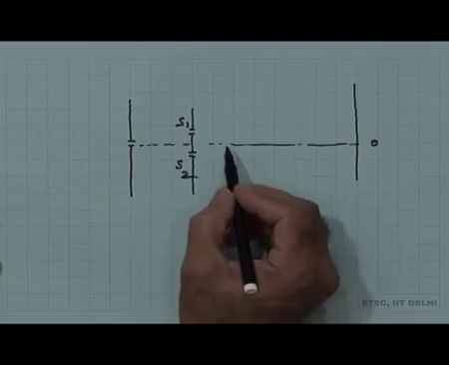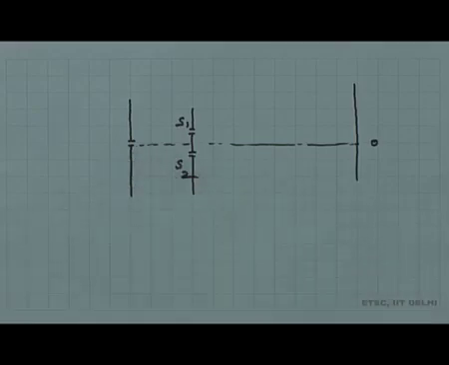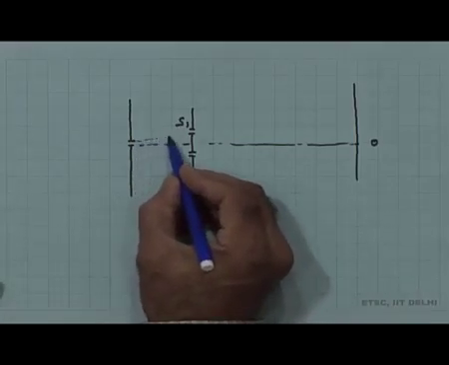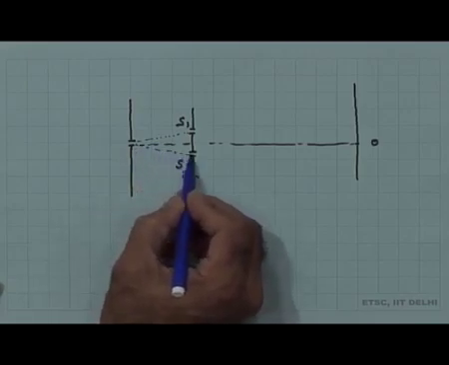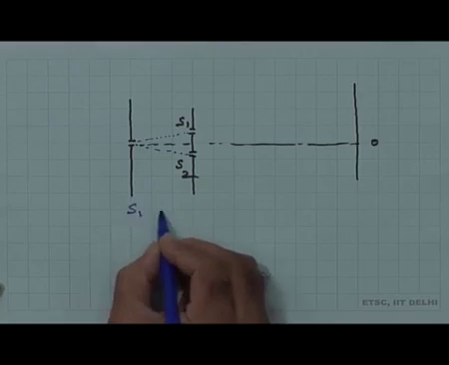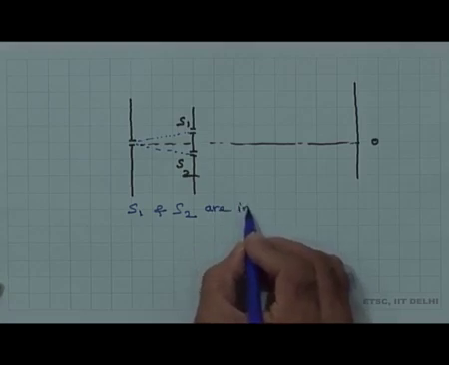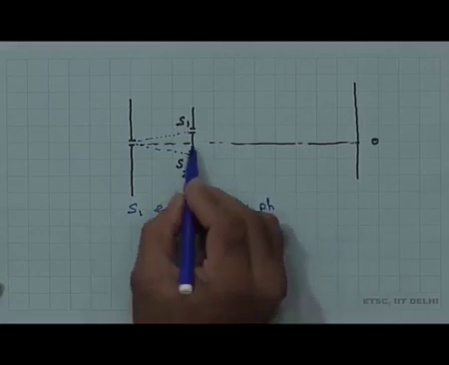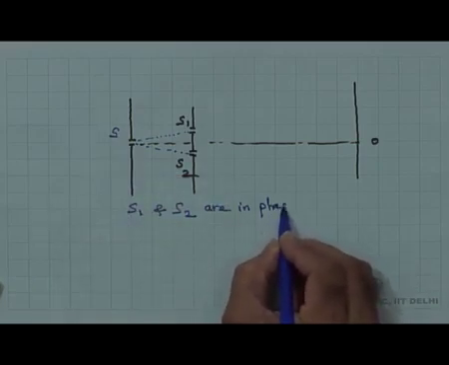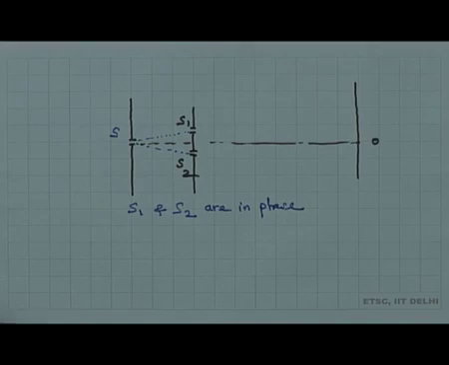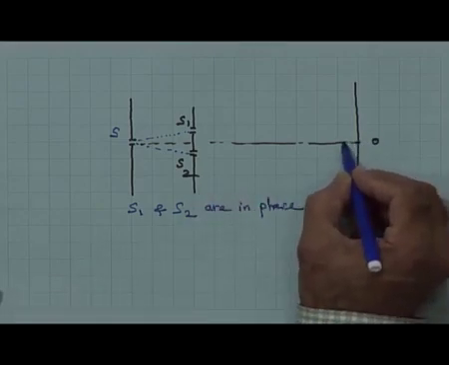Now, if we introduce a thin sheet, for example, let me show the path. These are now equidistant and therefore S1 and S2 are perfectly in phase, because they are placed symmetrically about the source S. So we would have got the central fringe right at O and the fringe variation.